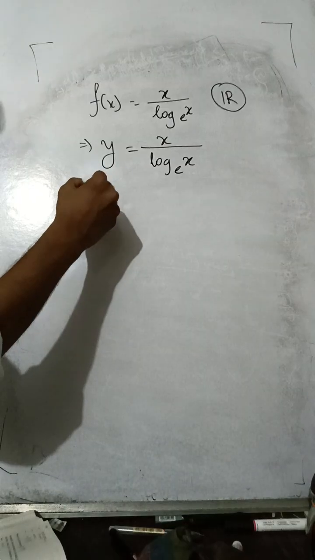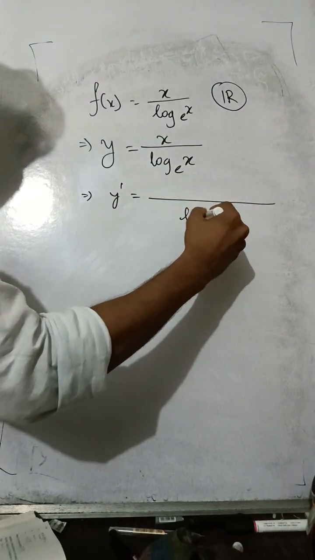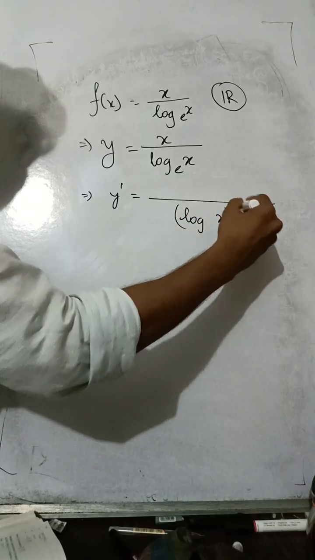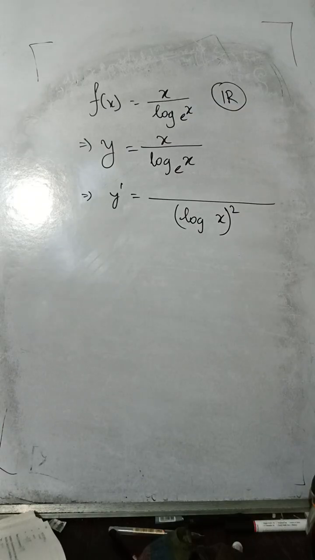So let us find out y dash. In a natural log, you can leave the base blank. If the base is not given, it means that the base is e, which is basically Euler's number. Hope you guys remember this.